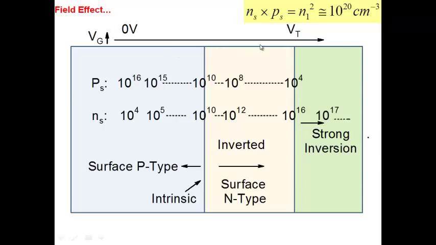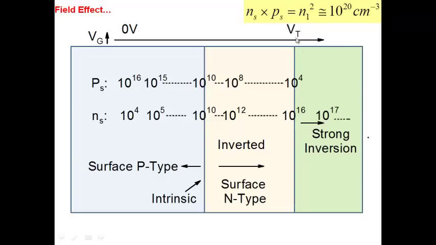If you keep on applying higher and higher voltage, a stage comes when the electrons at the surface become 10 to the power 16, the same as the holes in the bulk here. Now we say the surface is strongly inverted. The electron density at the surface has reached the level of the doping level here, 10 to the power 16, and the holes have become 10 to the power 4, and then we say a strong inversion has occurred here.